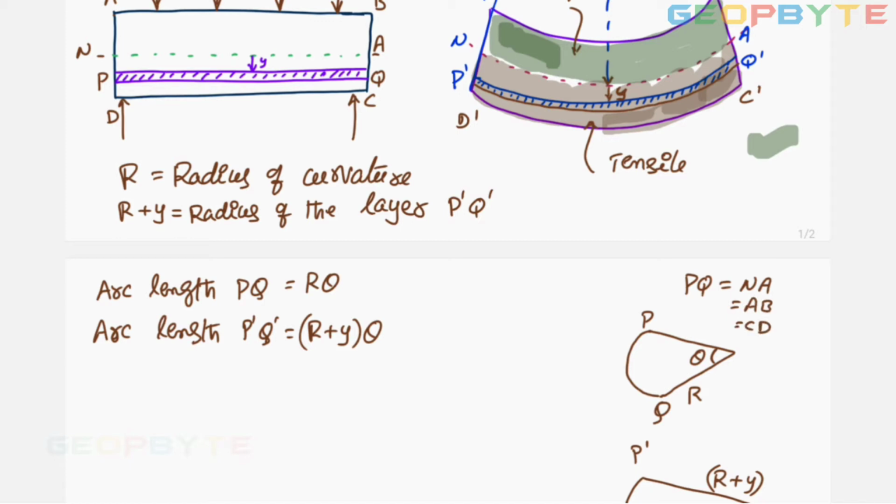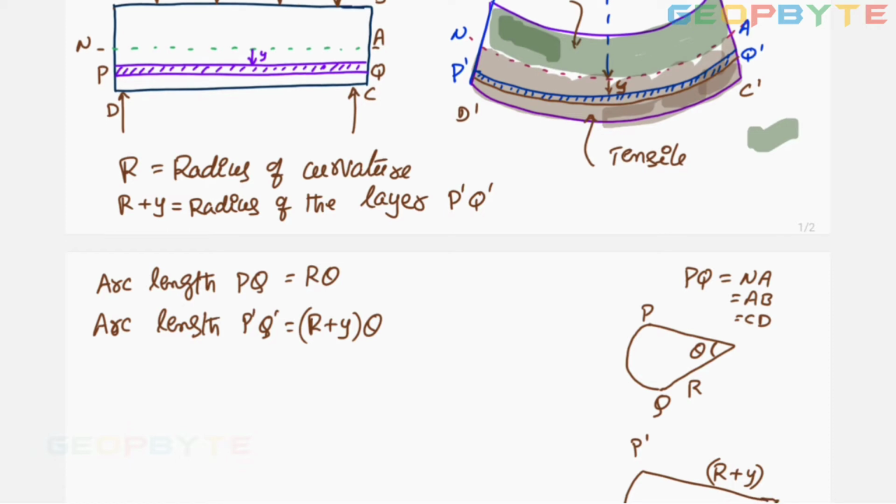That means the length of the neutral axis is equal to PQ originally. Since the neutral axis length is equal to PQ, that's why I considered this PQ as the neutral axis. That is the reason the arc length PQ is equal to R theta. I hope you understood.